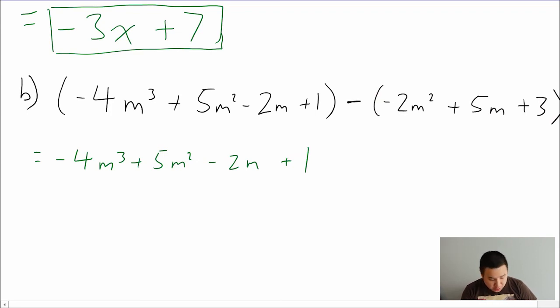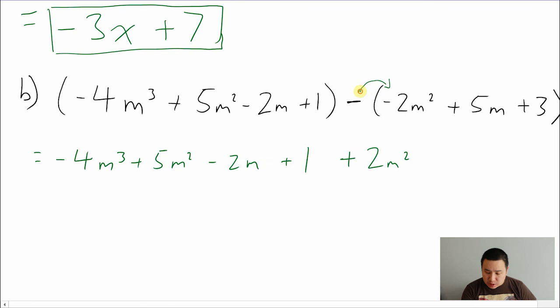So for each of these terms, I'm taking this negative and making sure it's being applied to every single one of these terms. I have a negative 2m squared. Okay, I want to subtract negative 2m squared. So when I have minus negative 2m squared, that is the same as adding 2m squared. I have this positive 5m.